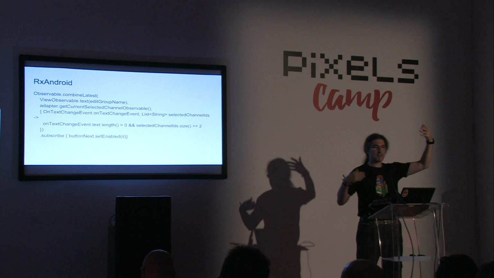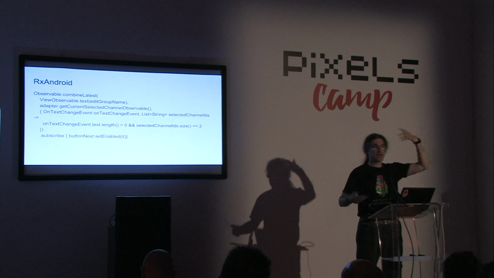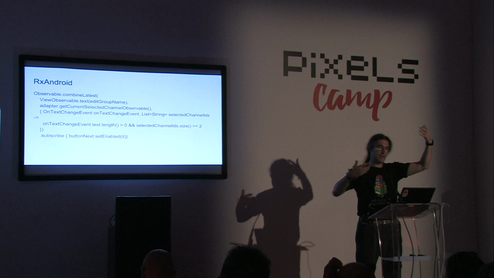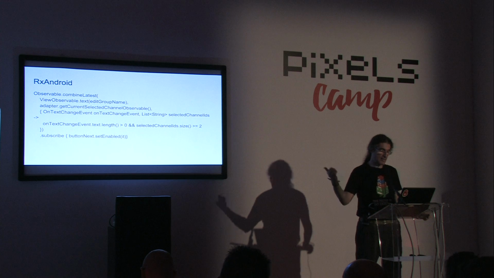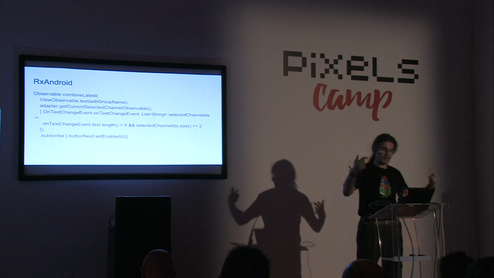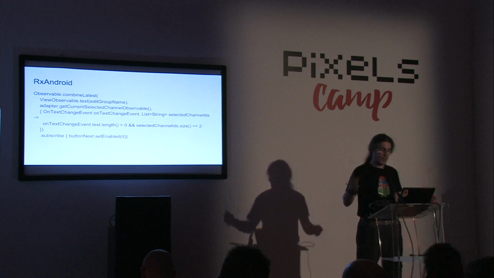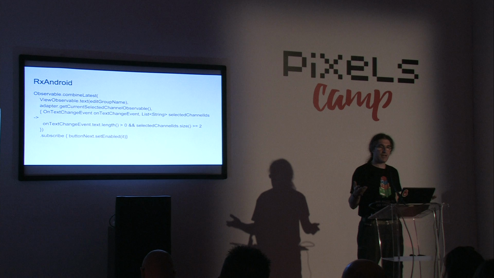If on the other stream I select one more element, I get the last thing that the user typed and the number of things that the user has selected. And then I do a function and say that if both the length is over 0 and the number of things selected are over 2, do I want to enable the button?